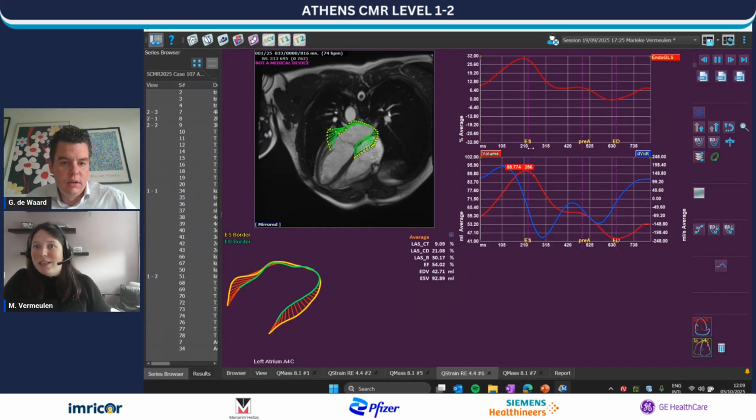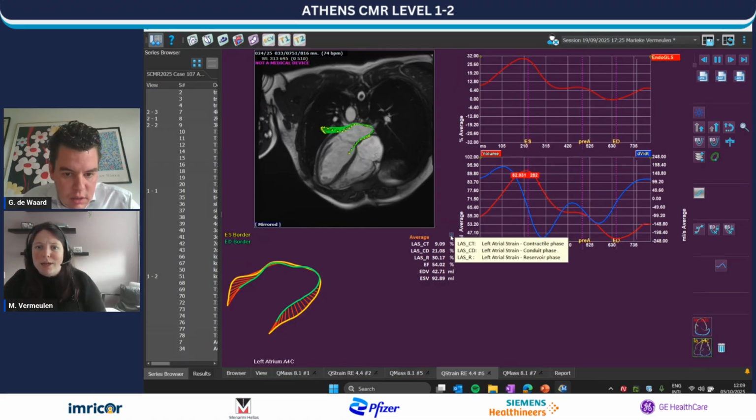And as you can see here, different phases are indicated: ventricular end systole and ventricular end diastole, and indeed the start of the A wave, which is basically where we define the shift between the atrial kick and the active filling. Here in the software, you can also click on this information icon. The contractile phase, the conduit phase, and the reservoir phase are also reported by the software. Yep, beautiful.